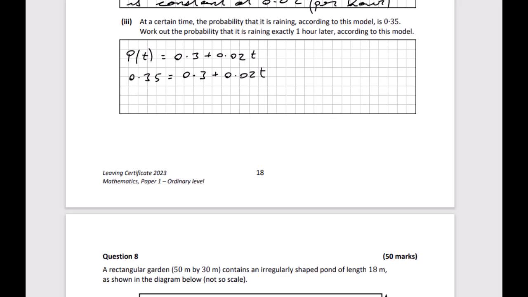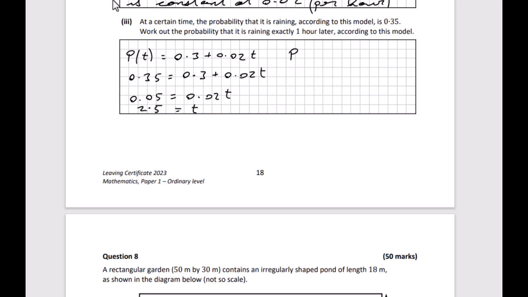So let's just bring over the 0.3, that gives us 0.05 here. And then divide by 0.02. If you divide by 0.02 here, you get 2.5. So that just means 2.5 hours after the start of the day, the probability that it is raining is 0.35.